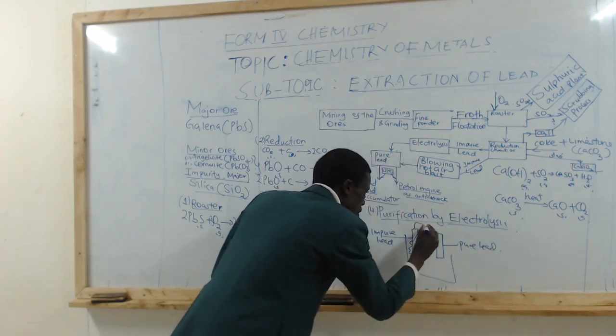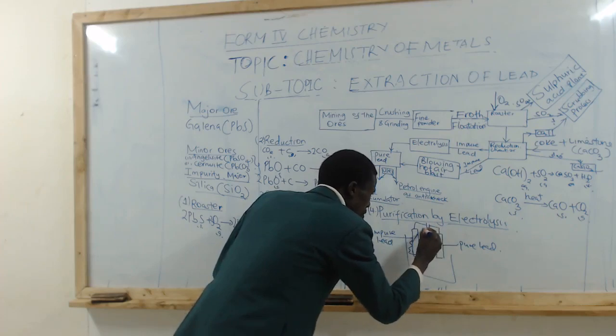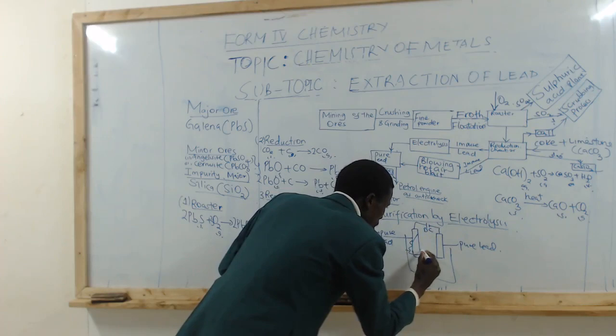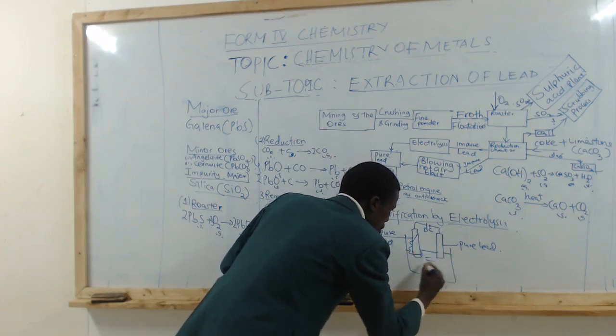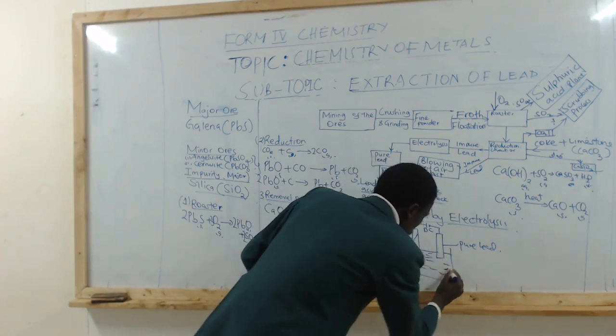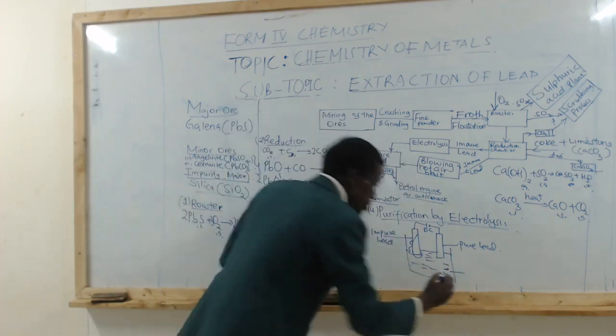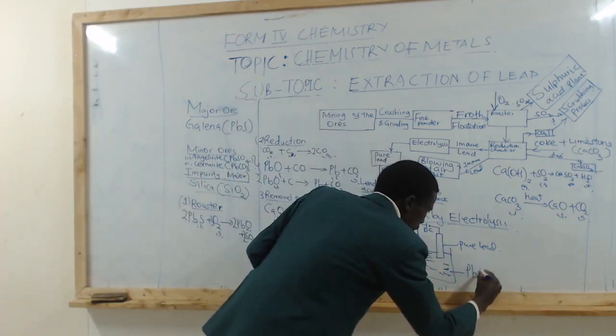And then you must have DC, direct current. And then you dip the two electrodes into the solution of lead, for example, lead nitrate.